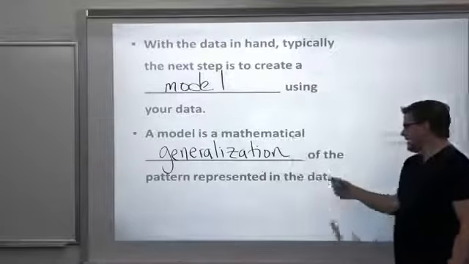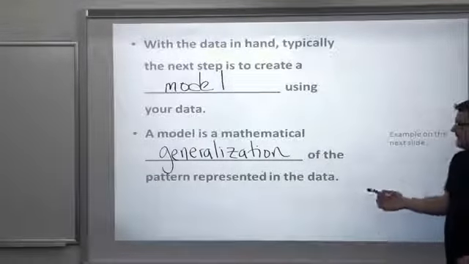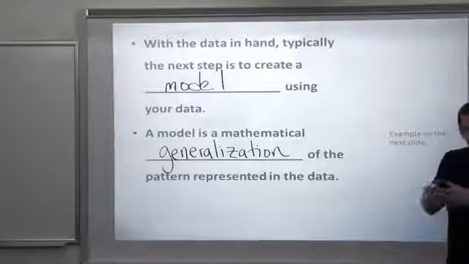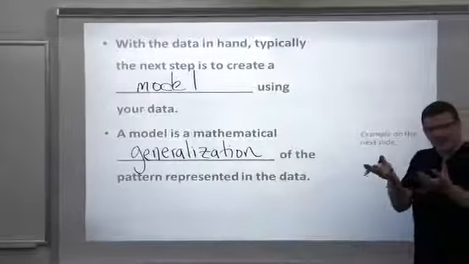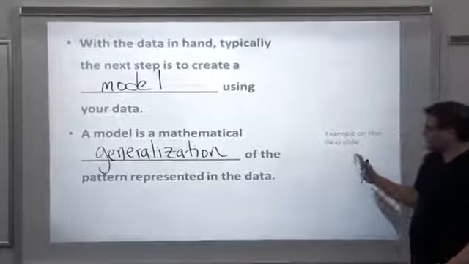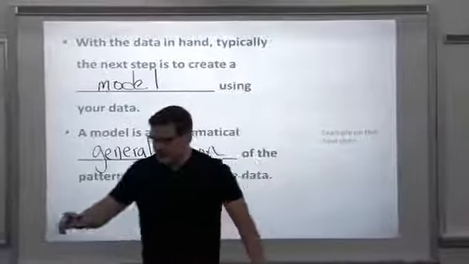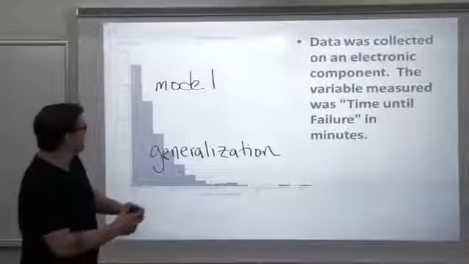A model is a mathematical generalization of the pattern represented in the data. So we collect our data and we try to generalize. What's the data telling us in a broader scope? Okay, so I do have an example on the next slide. I know this one's not in the notes. Hopefully the camera can pick up the graph.